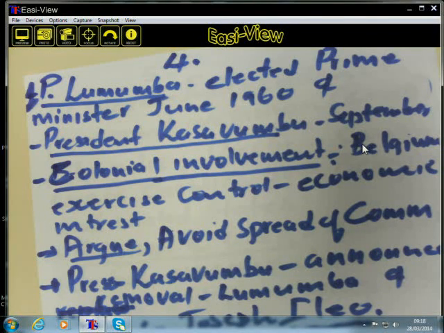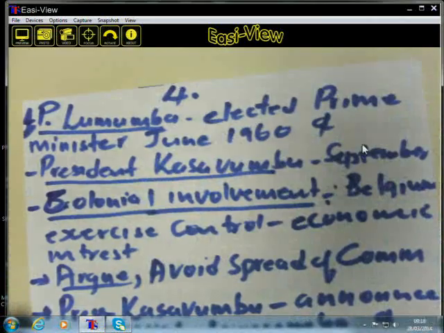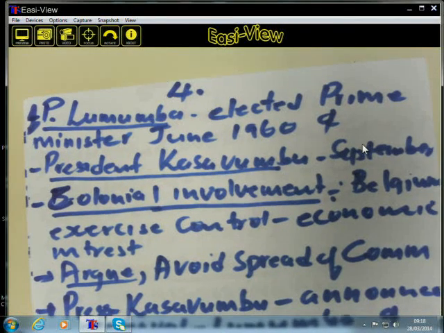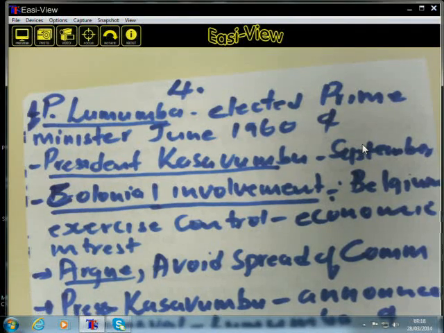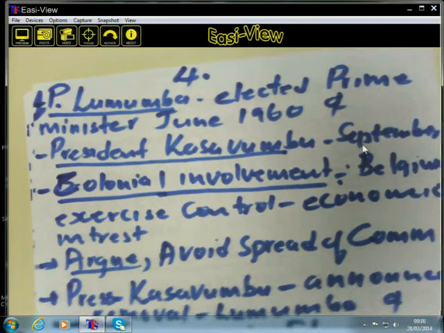In trying to differentiate how the two people rule a country: a prime minister is the head of government. He's in charge of government, the day-to-day running of the government. That was Patrice Lumumba in this regard in Congo. Day-to-day running of government, ensuring that ministers implement what is expected from them.